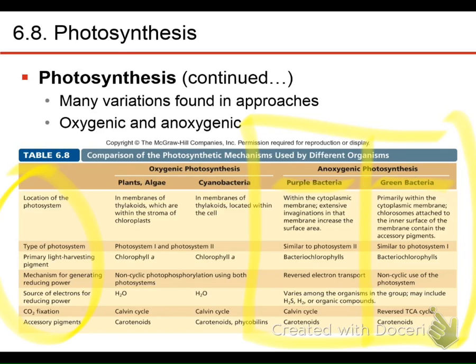So if we just look at the purple bacteria first, these guys are anoxygenic photosynthetic organisms. And again, these are bacteria, but look close. Down inside the cytoplasmic membrane, they've got invaginations that are designed to hold lots of chemicals that can absorb photons. So again, we don't like to call them organelles, but think down inside of the mitochondria.